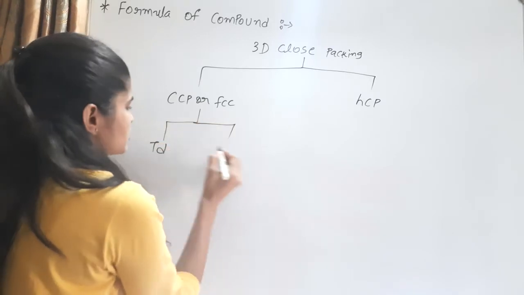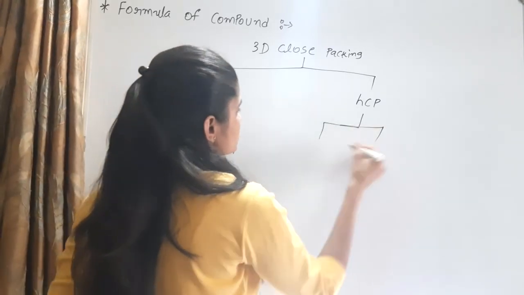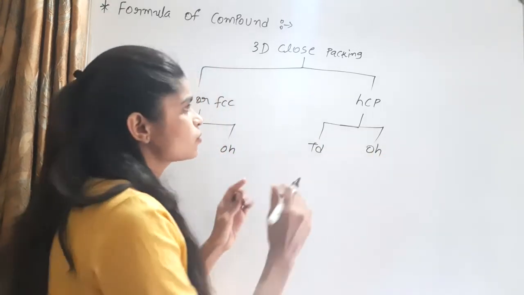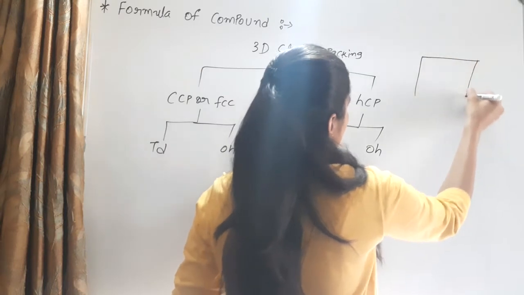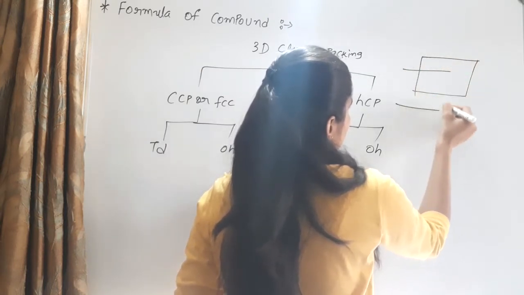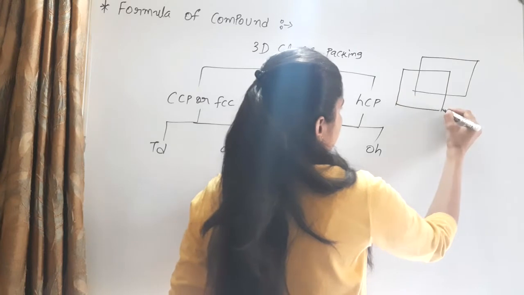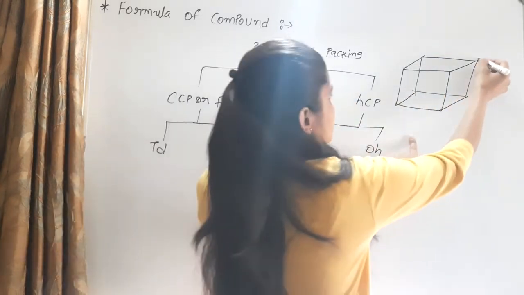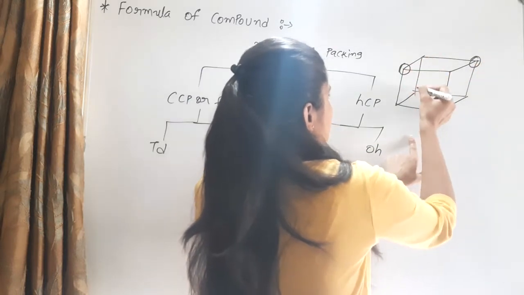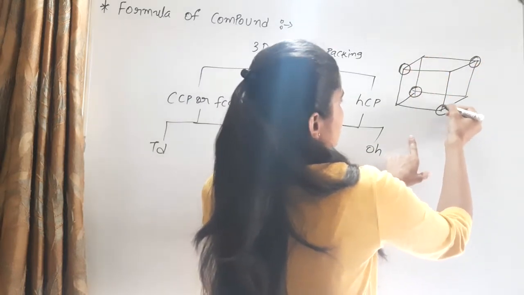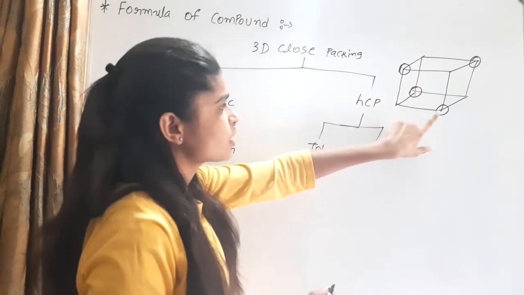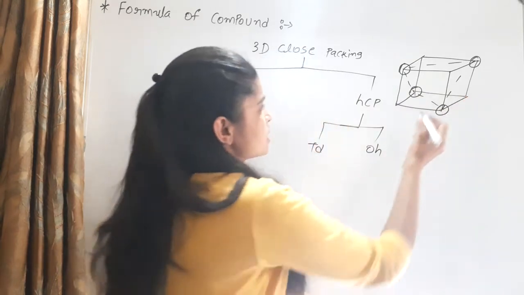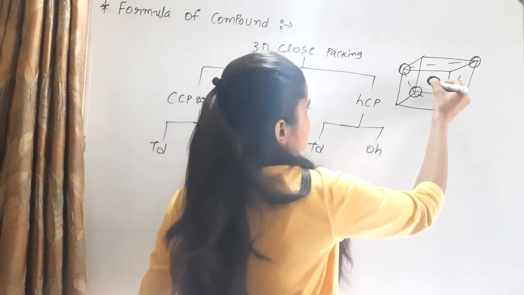We know that in this cube, for alternate corners 1, 2, 3 and 4, these four alternate corners join each other and give the tetrahedral void.